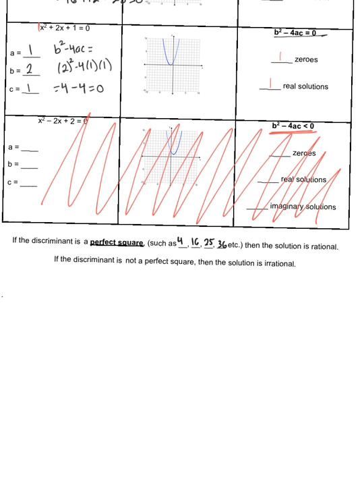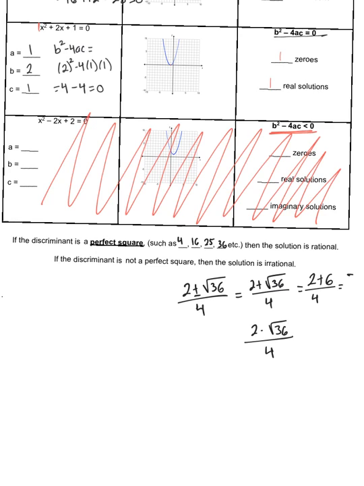So let's say, for example, my answer is 2 plus or minus the square root of 36 over, I don't know, 4, something like that. This would break into 2 plus the square root of 36 over 4 and 2 minus the square root of 36 over 4. Well, the square root of 36 is 6, so I'm going to get 2 plus 6 over 4, which is 8 over 4, which is 2.